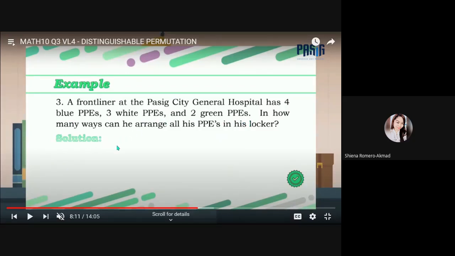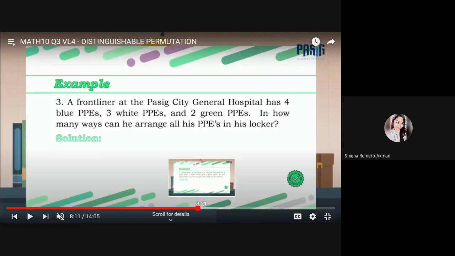In how many ways can he arrange all of his PPEs in his locker? As you can see here, we have PPEs, and those PPEs are the same in appearance. Color lang ang pinagkaiba, right?